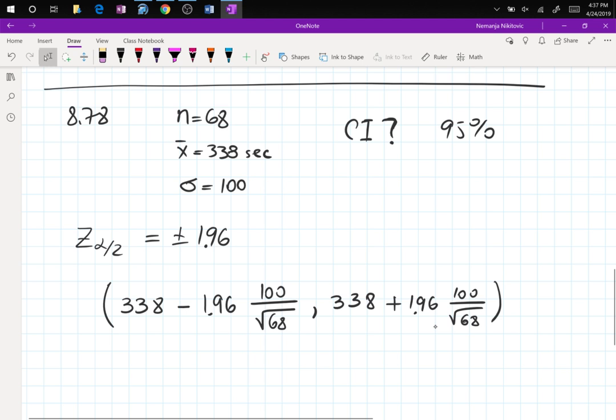So now we punch this in a calculator and we get some decimals. Depending on which calculator you have, you can possibly do this in one shot. 338 minus 1.96 times 100, divided by the square root of 68.